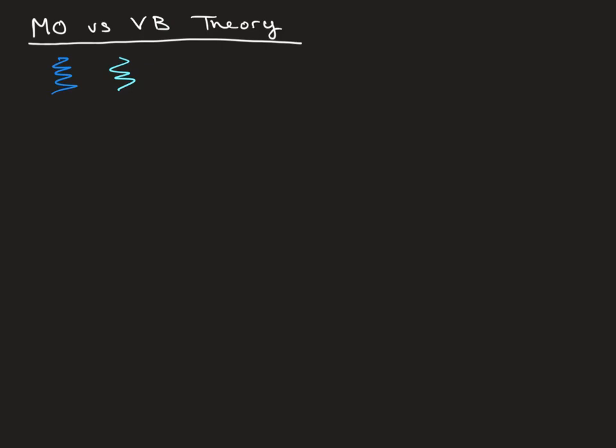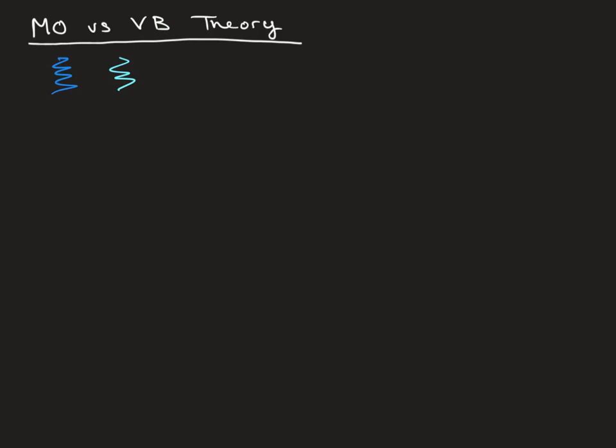Because MO theory and valence bond theory are both approximate solutions to the Schrodinger equation, both can be viewed as being incorrect, just as both can be viewed as being correct. They're correct in as far as the approximations that they make. And in fact, at their limits, valence bond theory and molecular orbital theory reach identical solutions to the Schrodinger equation.